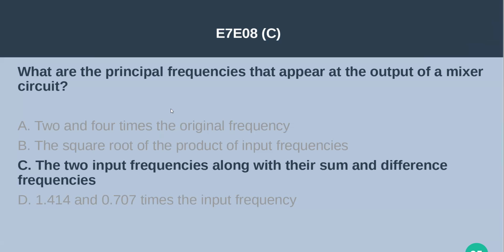There are two input frequencies, and there's the sum and difference. That's how you get the sidebands. It's sum and difference, so it'll be the carrier plus the sideband and the carrier minus the sideband.